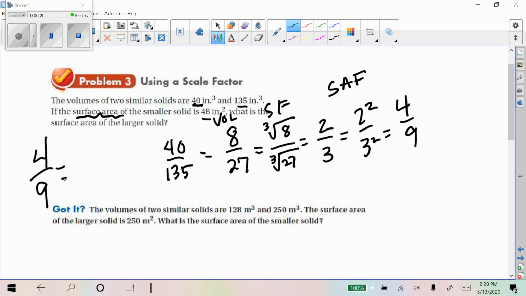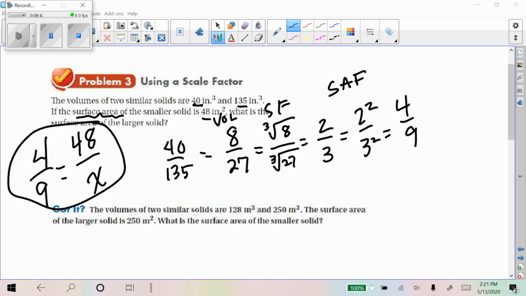The ratio of the surface areas will be 4 to 9. The surface area of the smaller is 48. And so then I'm just going to run that through my calculator. And I get 108 square inches for the larger solid.